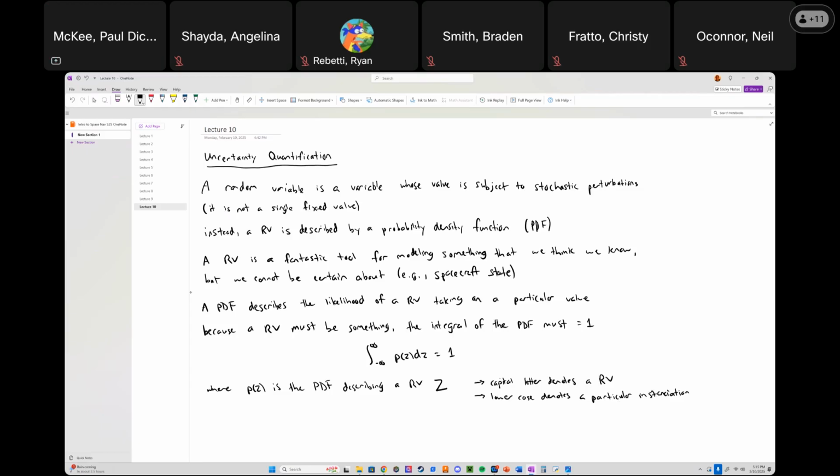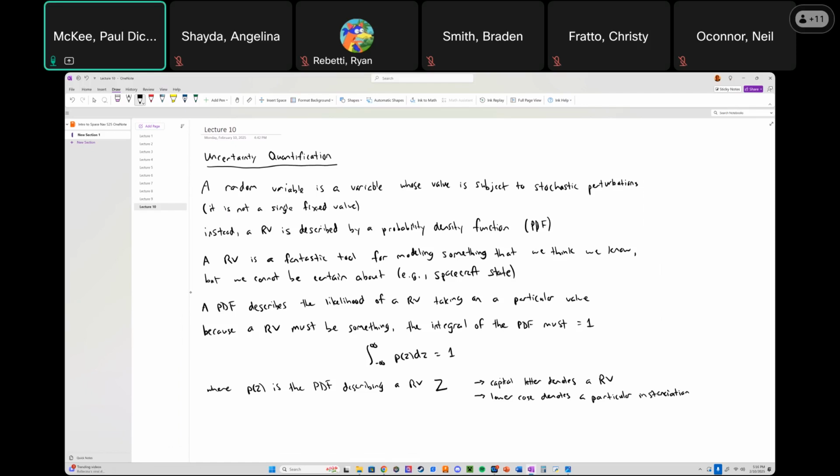So the idea here is it's a little bit like probability examples where Susie has a bag of marbles, and she can draw from the bag of marbles, and it's either going to be red or green or blue, and then find the probability of this. You can think of the bag of marbles as the random variable.